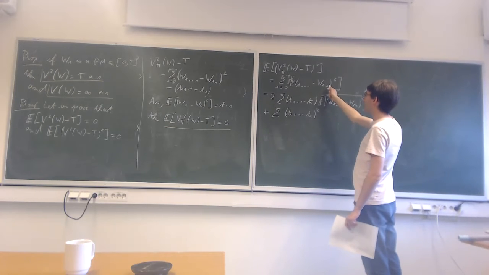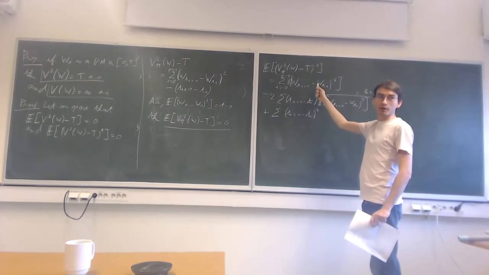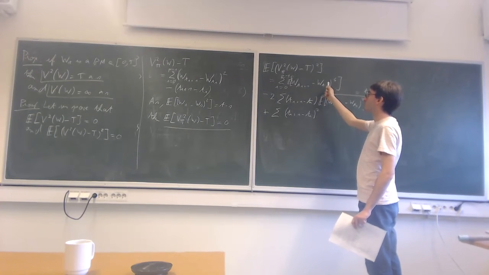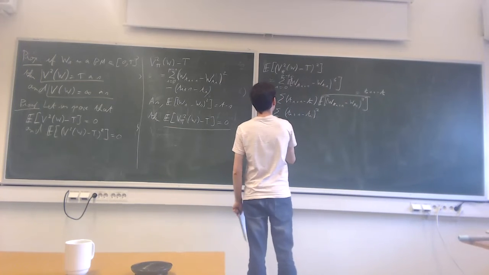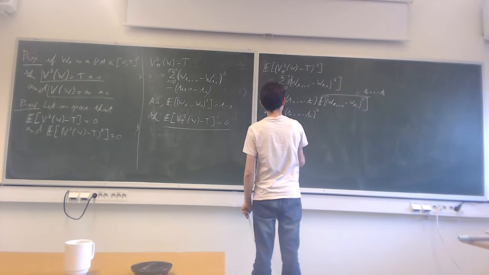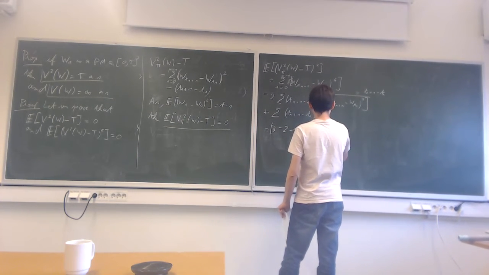This one we know is exactly T_{i+1} minus T_i. And for the fourth moment of the Brownian motion, it is 3 times the variance squared. So we have 3 minus 2 plus 1, times the sum of (T_{i+1} minus T_i) squared.